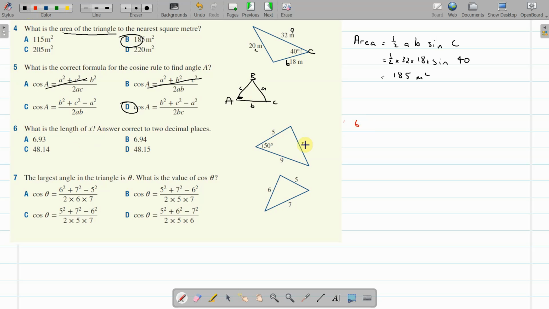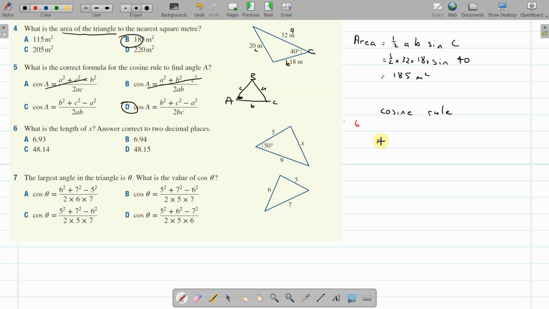Well, we've got the length of x. And for sine rule, we need a side and an angle opposite, and we haven't got that. So for cosine rule, we have enough, because that requires an angle and the sides that form that angle, which is there, so that's good.